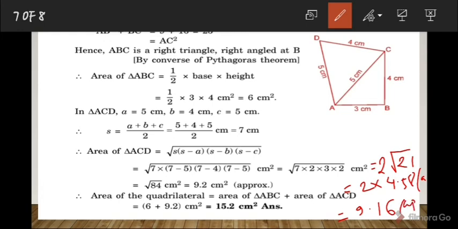Okay, so 9.16 or 9.2 both are same, so this will be the approximate value. Okay, in this way you have to change our irrational number in decimal value up to 2 decimal places.